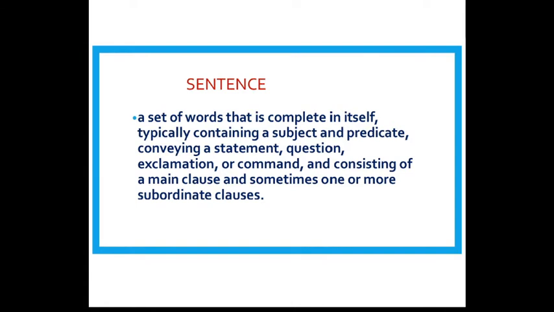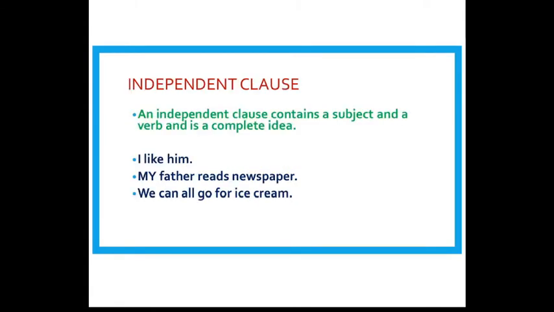There are different types of sentences we can make. So let's begin today's topic. Before that we need to know about dependent and independent clauses. What are independent and dependent clauses? First of all, an independent clause contains a subject and a verb and is a complete idea.